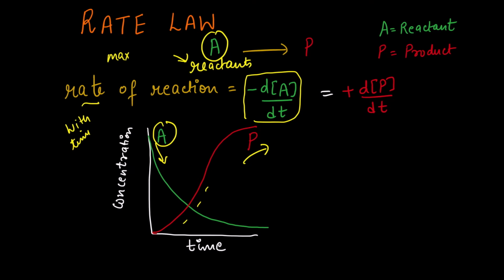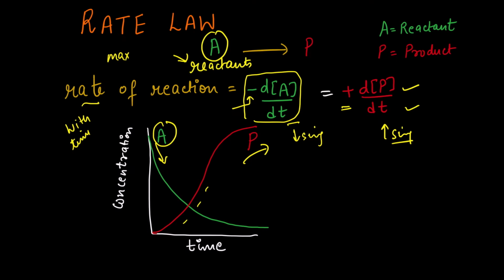So that's why this negative sign indicates that. And since the product is being formed, you will write plus the change in concentration of P with time. So the rate is the change in the concentration of reactant, which is decreasing with time, and the increase in the concentration of product with time. So now this is a rate of reaction.